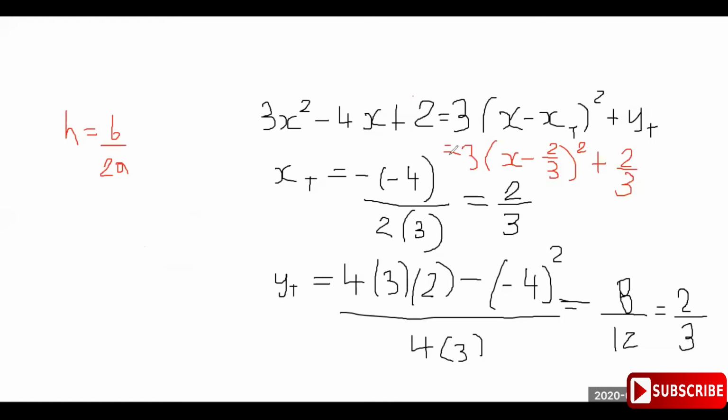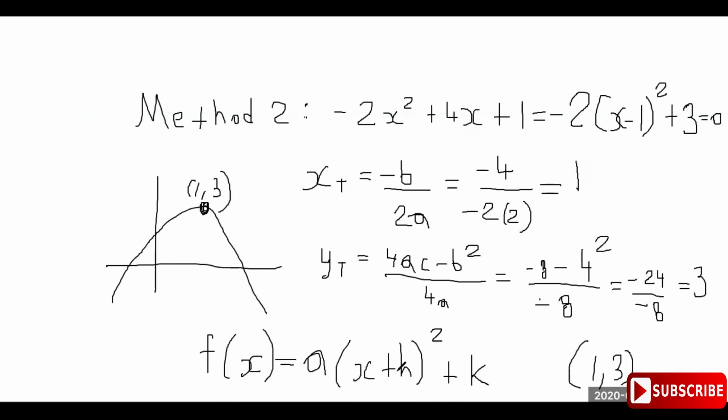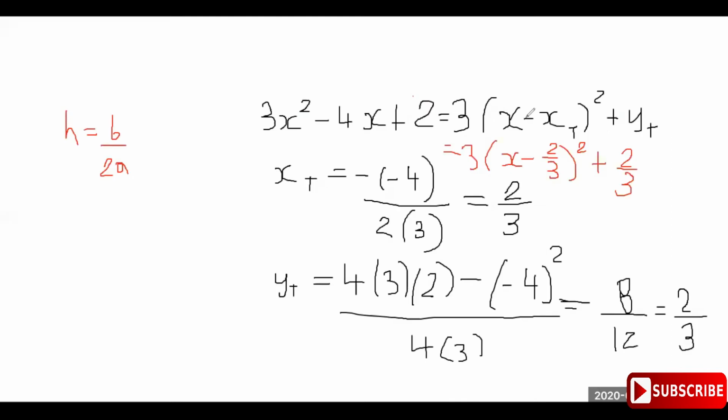So if you write it in this form, then h is equal to b over 2a. If you write it in this form, 3 times x minus x_t all squared plus y_t, then x_t is minus b over 2a, where x_t is the x value at the turning point and y_t is the y value at the turning point.